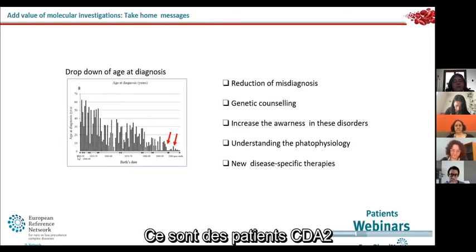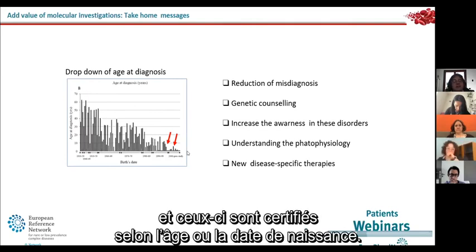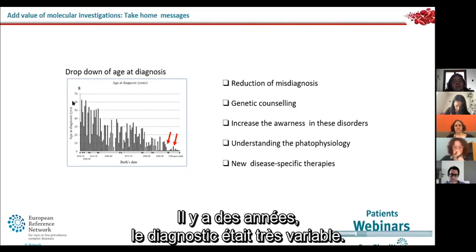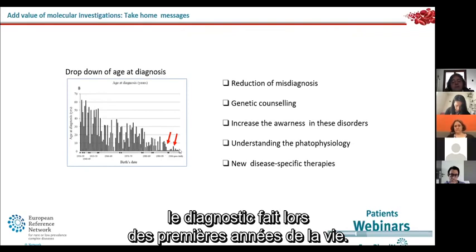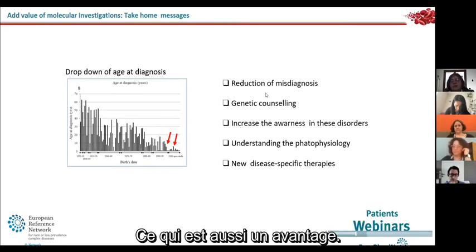These are CDA II patients, stratified by birth date. Many years ago, the diagnosis was really variable, but after the introduction of molecular testing, the diagnosis is done in the very early year of life and months of life.